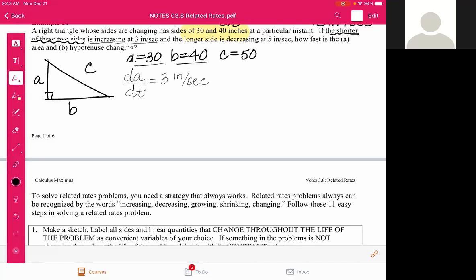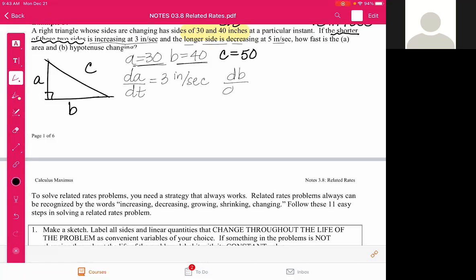So that's why I called this A. Oh my goodness, why is this happening, y'all? All right, anyway, dA/dt would be 3 inches per second. And then it says the longer side, so that's going to be B, is decreasing at 5 inches per second.